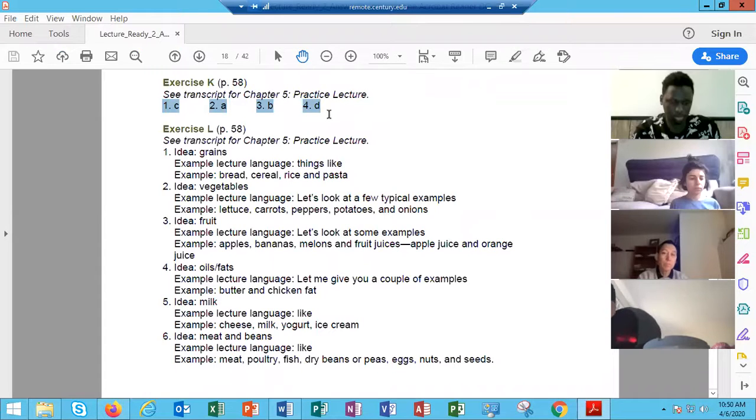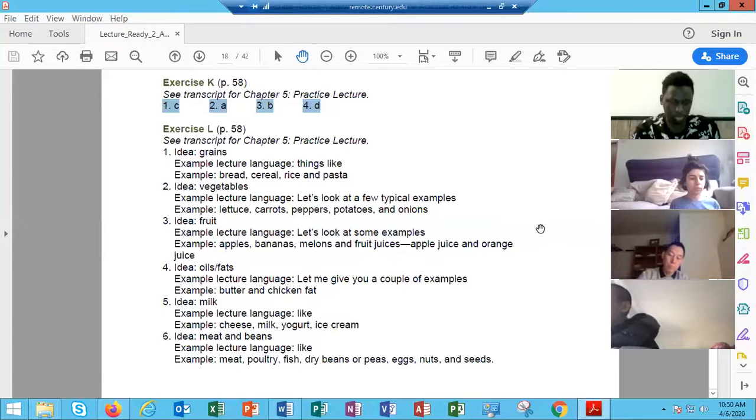Can you see my screen? Yes. Okay. It's not showing me that little box of sharing screen, so I wasn't sure it was sharing. So that means the orange band is for grains, the green band is for vegetables, the red band is for fruit, and the yellow band is for fats and oils.